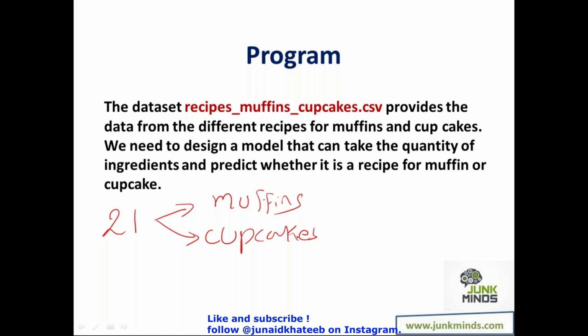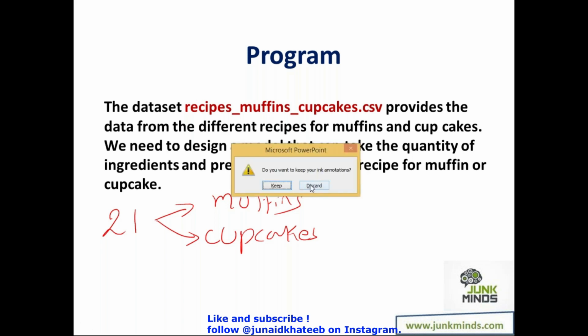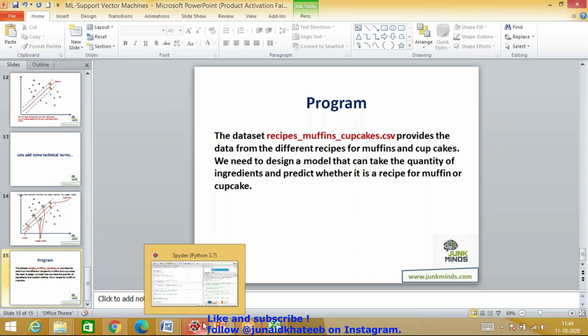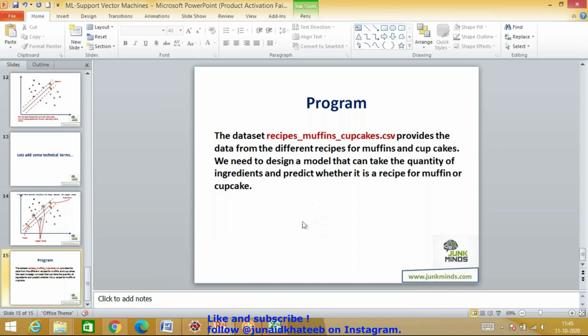We will have a look at that data set, try to understand what we have in it, and then design the model, which, when you give it the data, will tell you whether the data is representing the recipe for muffins or the recipe for cupcakes. Now, what exactly is this? Observe this. Whenever you talk of a recipe, you talk about certain ingredients that are required for cooking anything.